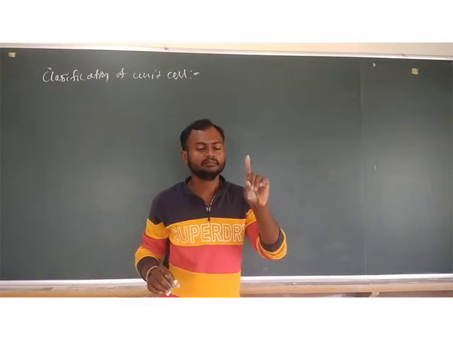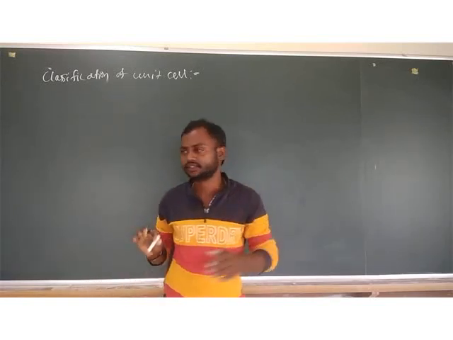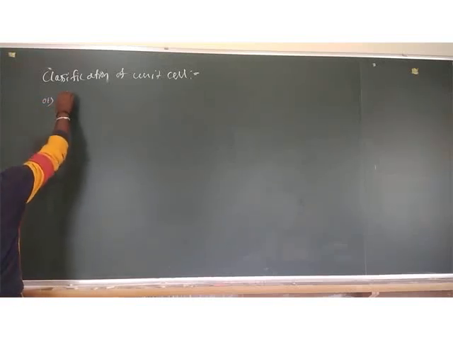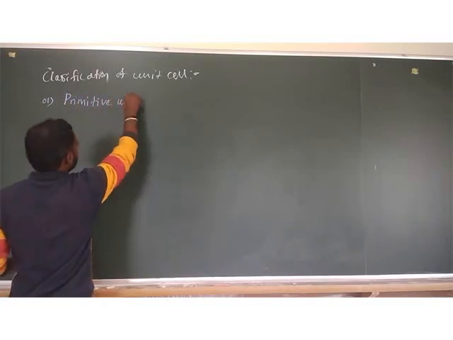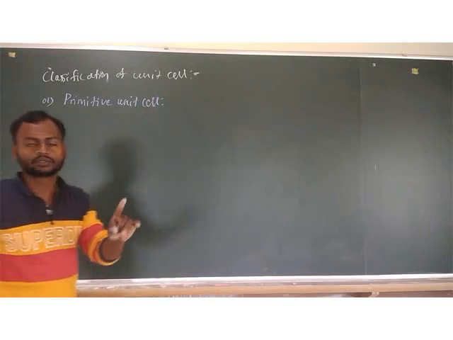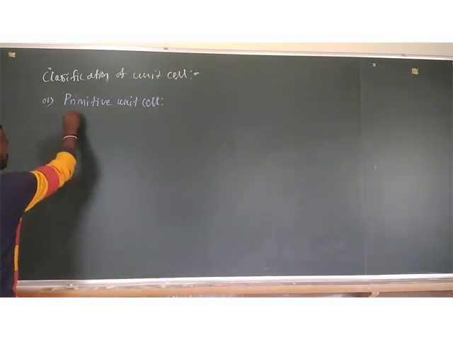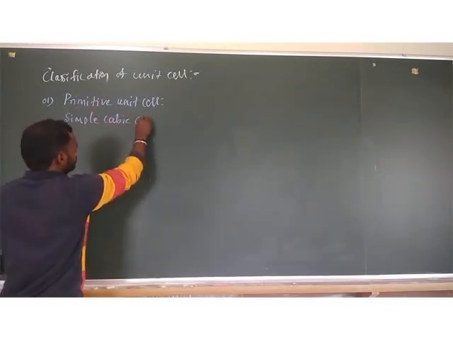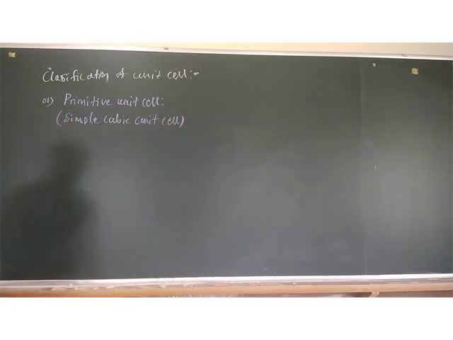One is the primitive unit cell, and the other is the non-primitive unit cell. The first one is the primitive unit cell. The primitive unit cell is also called a simple cubic unit cell.